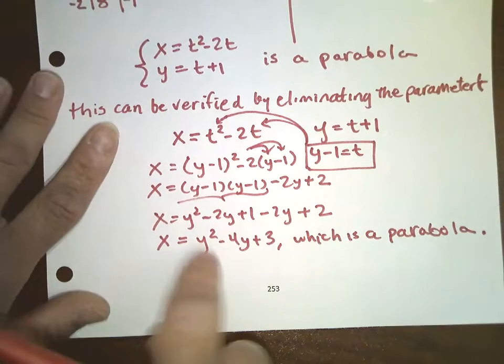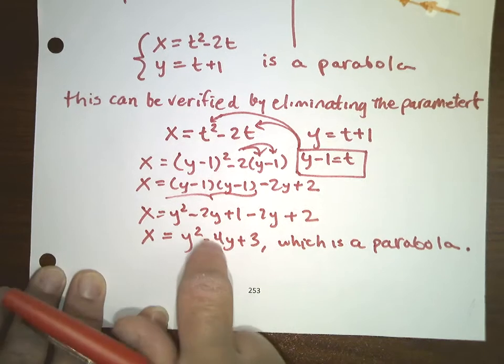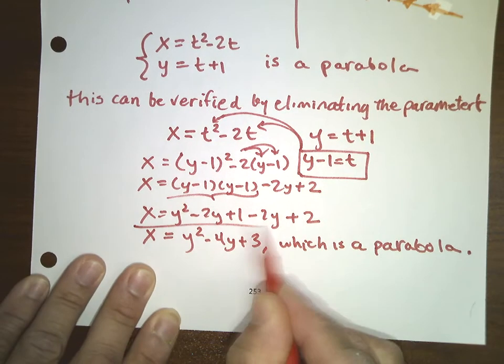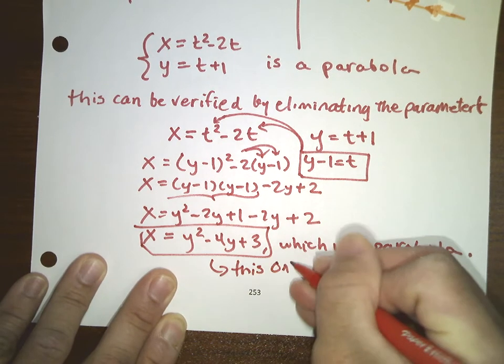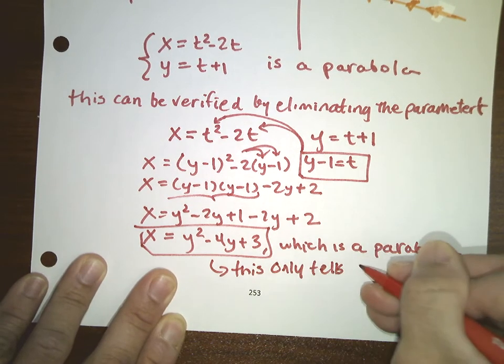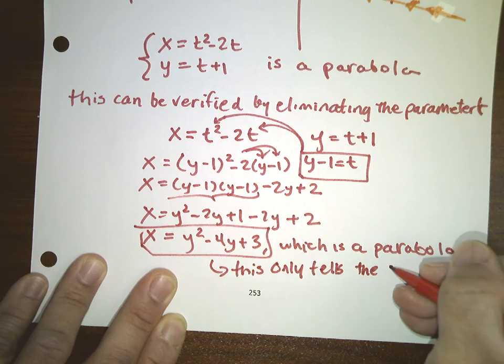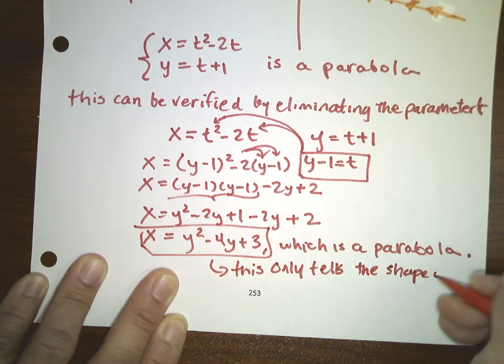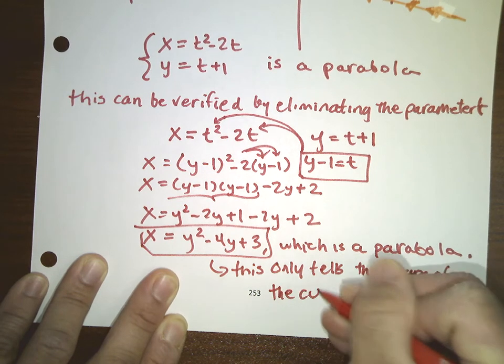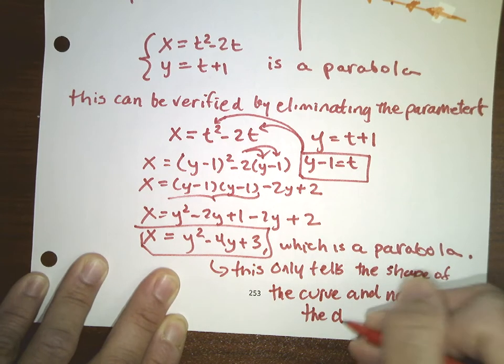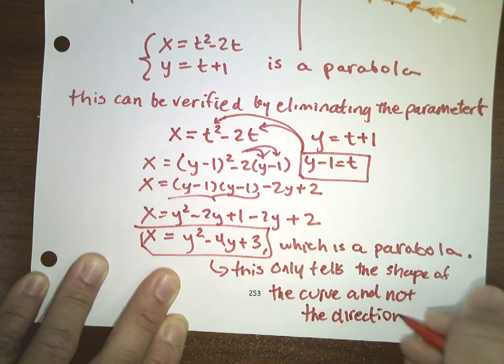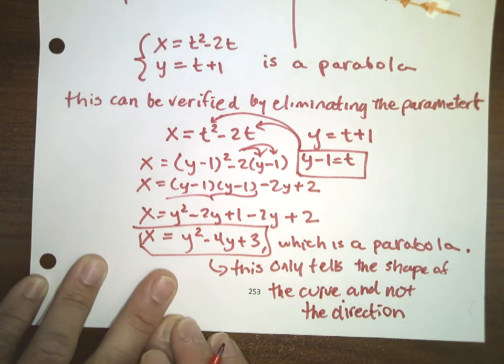This only tells me the shape of the graph and not the direction. So these are both important pieces to know here.